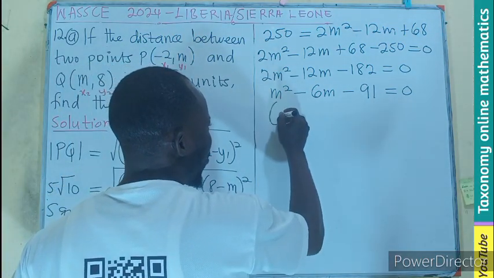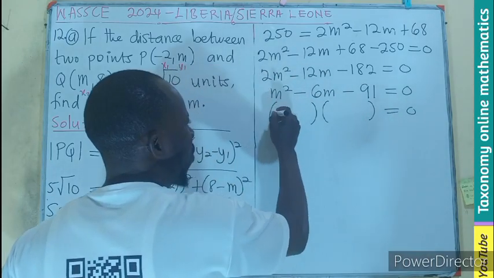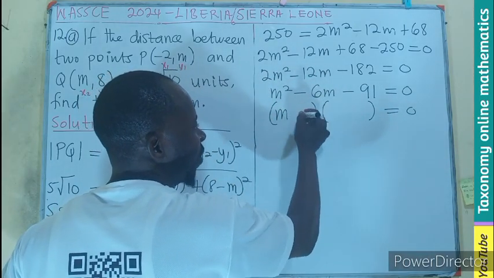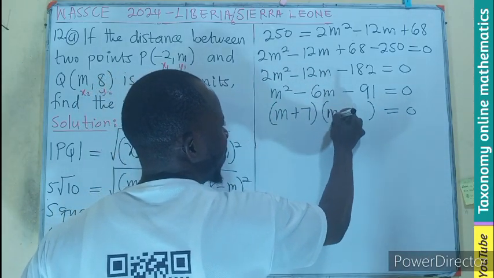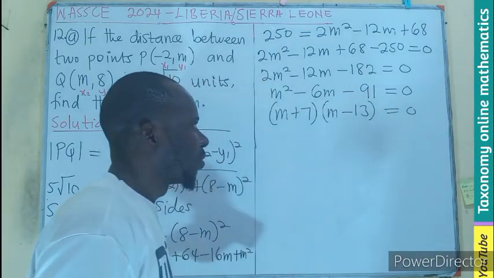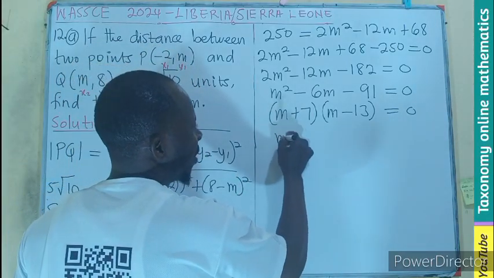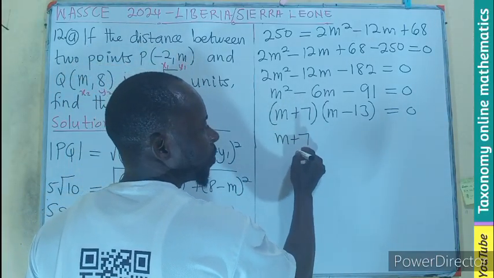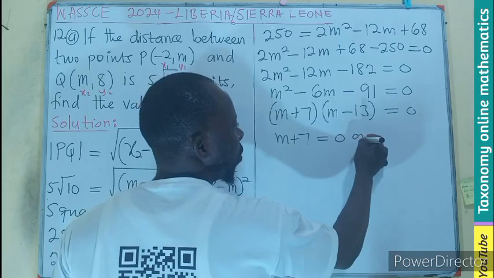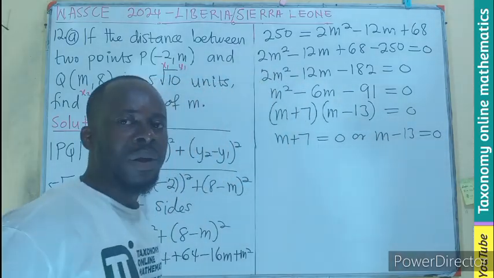Remember our tutorial, we open the 2 brackets, pick the variable m. One of the factors is positive 7, the variable m, the second one is minus 13. So we are going to have the first bracket, m plus 7 equals 0, or m minus 13 equals 0.